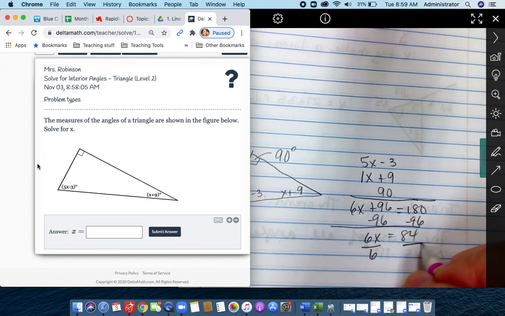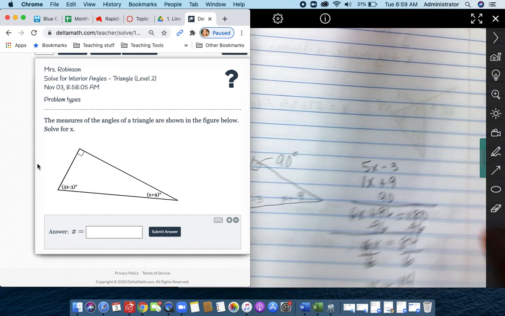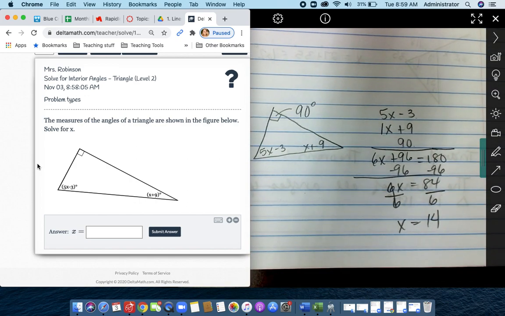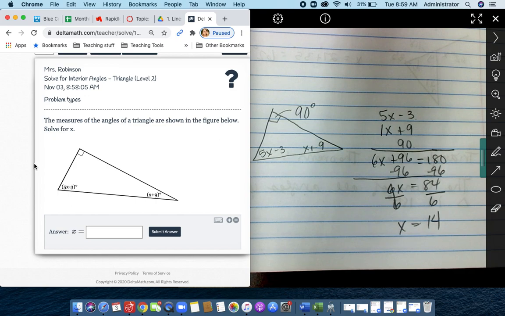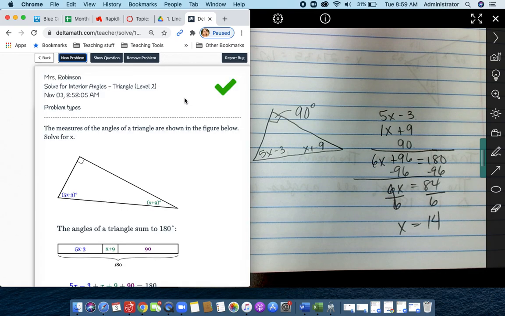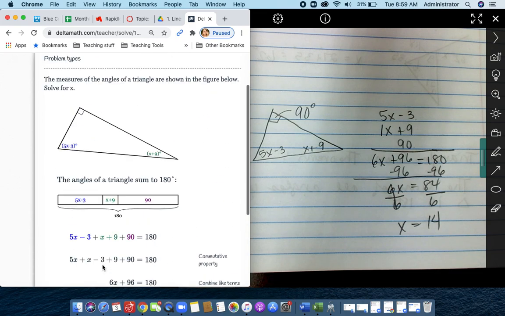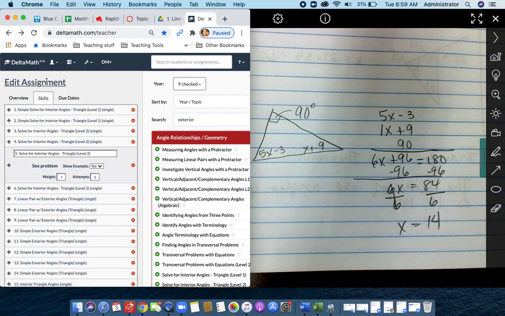And then I'm going to divide both sides by 6. And 84 divided by 6 is 14. So pause the video if that was too fast. Copy that down, because you're going to end up doing the next one like this. Okay, so just want to do one where you saw that if it had a 90-degree measure, you just use 90 in the problem.